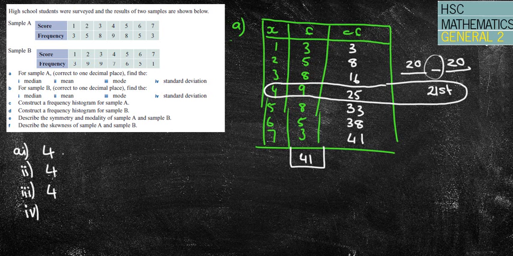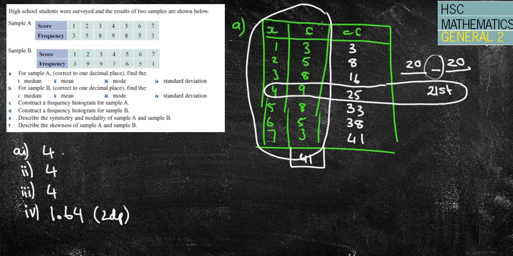Then going back, doing those same sort of options, pressing 3 for the population standard deviation, and that will give me 1.64 to 2 decimal places. But again, that's using your calculator by entering that data in using your statistics mode on the Casio calculator. I'm not going to bother doing that again for part B. It's just going to be the same sort of process.